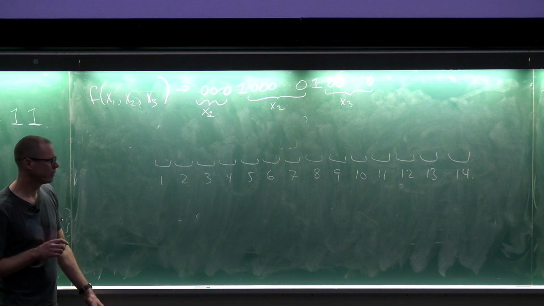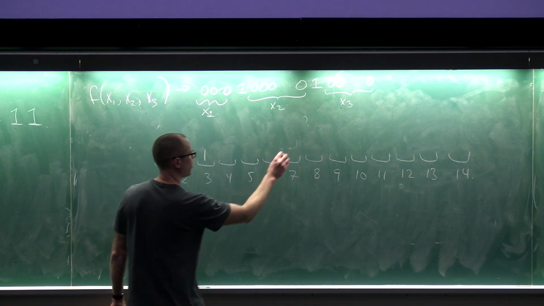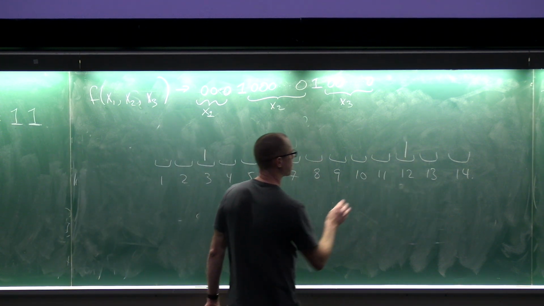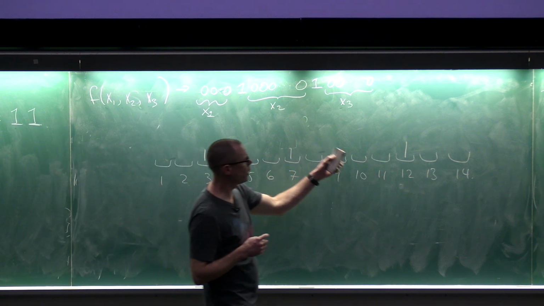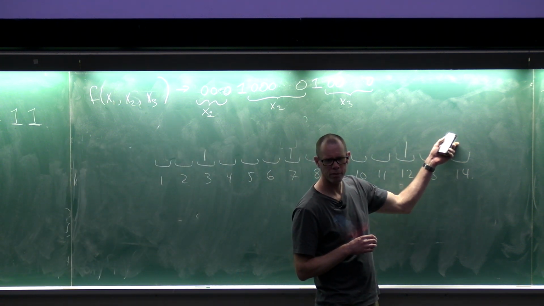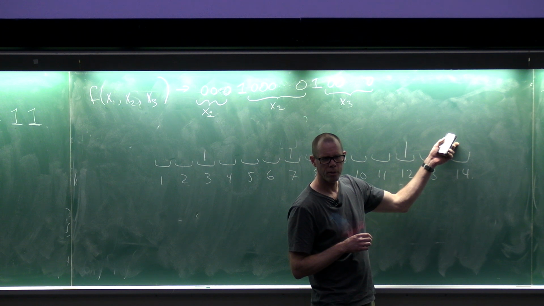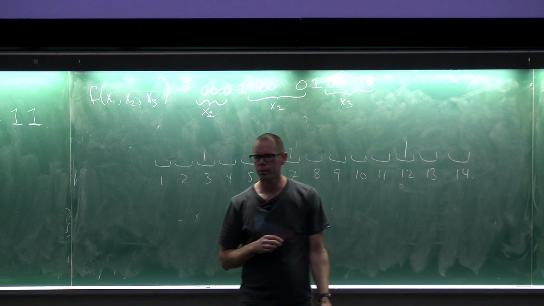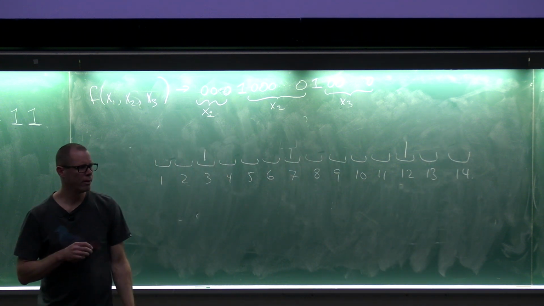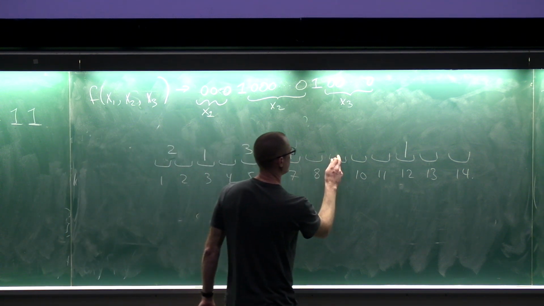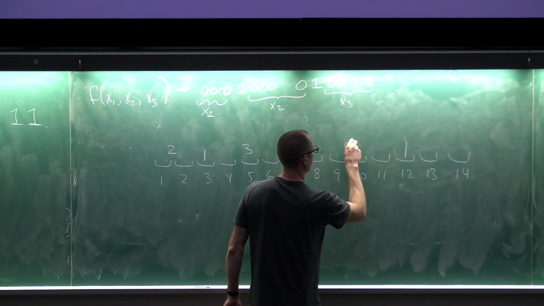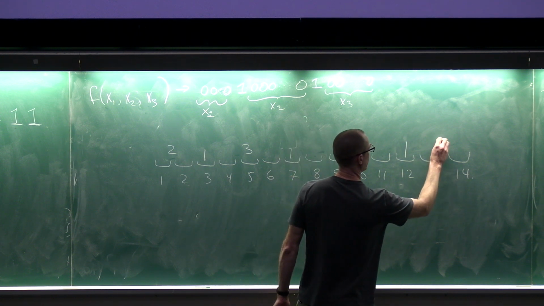So 3 sticks in here. Put 3 ones in here. Well, if I put 3 ones in here, I get 1, 2, 3, 4 intervals. What do those 4 intervals add up to? 2, 3, 4, 2.